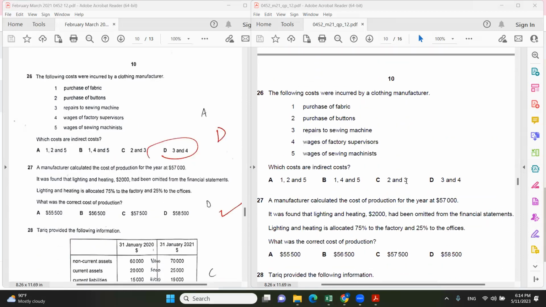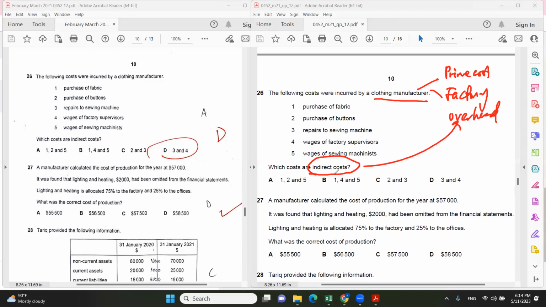Okay, question 26. The following costs incurred by a clothing manufacturer. They're asking for indirect costs. We need to take note that for a manufacturing account, you need to have prime costs and the factory overhead. So indirect cost is factory overhead.